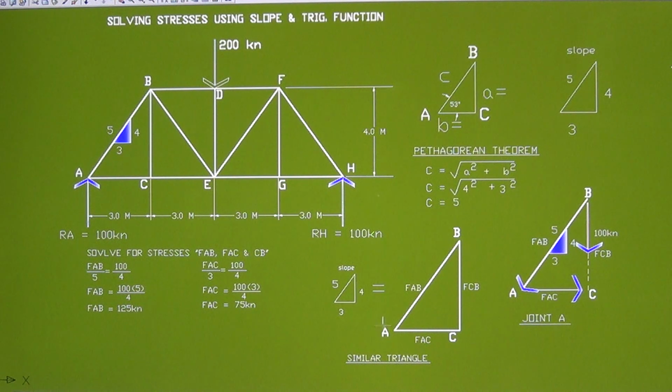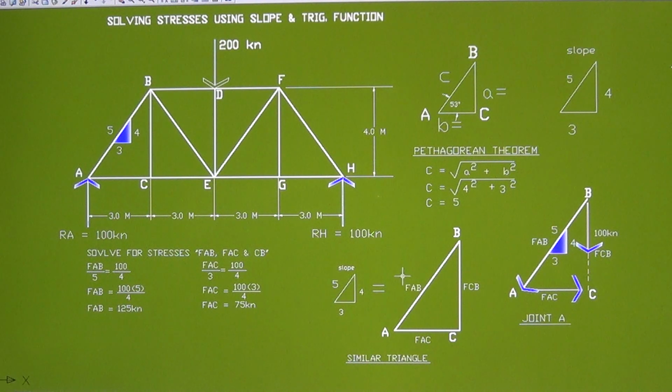So that's why for FAB, we're doing a similar triangle. This is all you need to solve for the stresses, and you don't get lost when using this similar triangle. As long as you get the slope, right away you solve for the stresses.